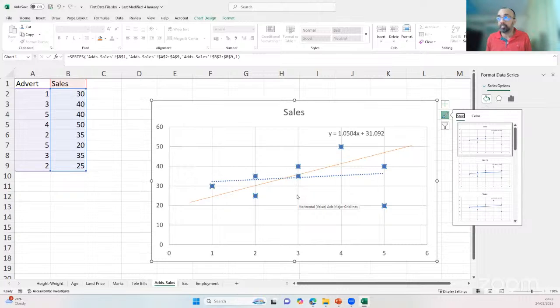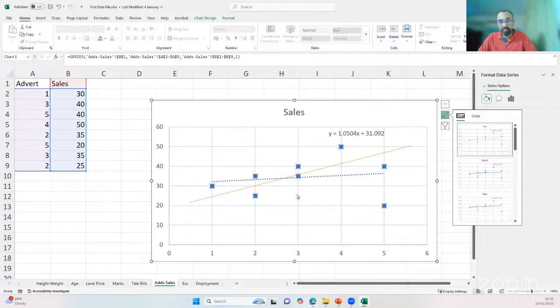Okay, so a thing to remember therefore is that this best fit line is significantly affected by a data point, maybe a single data point that is far away from the regular pattern. Okay.